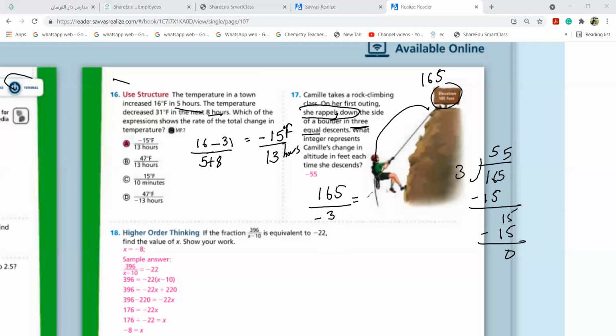You just complete writing. Finished? Negative, because 165 is just above. You're just coming down.